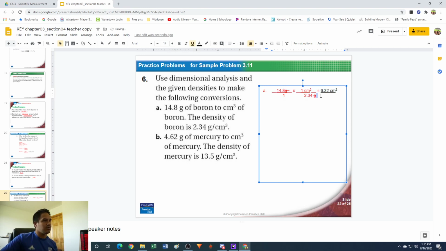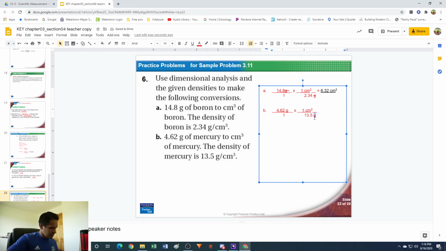All right. Looking at the next one, letter B. So it's basically the same exact problem. It's just different numbers. In this case, we have 4.62 grams of mercury, again over 1 if we want to do it that way, times 1 cubic centimeter over 13.5 grams.